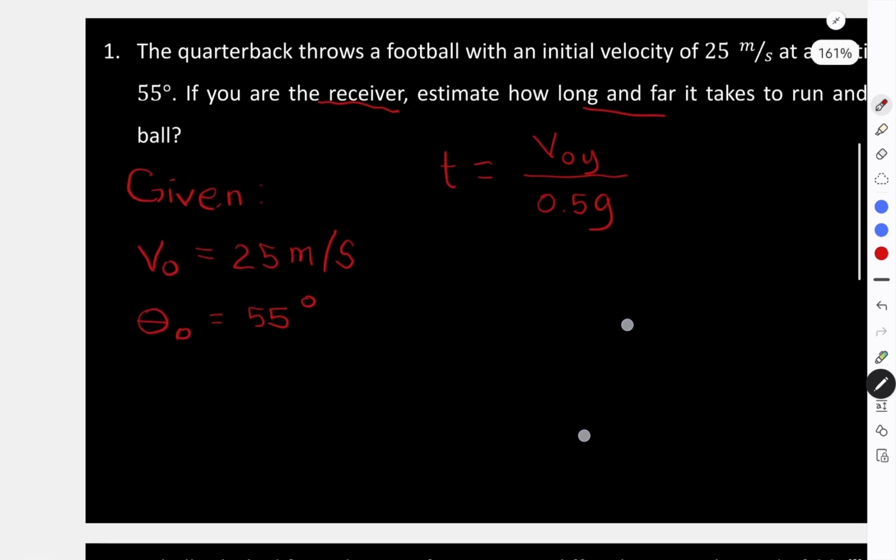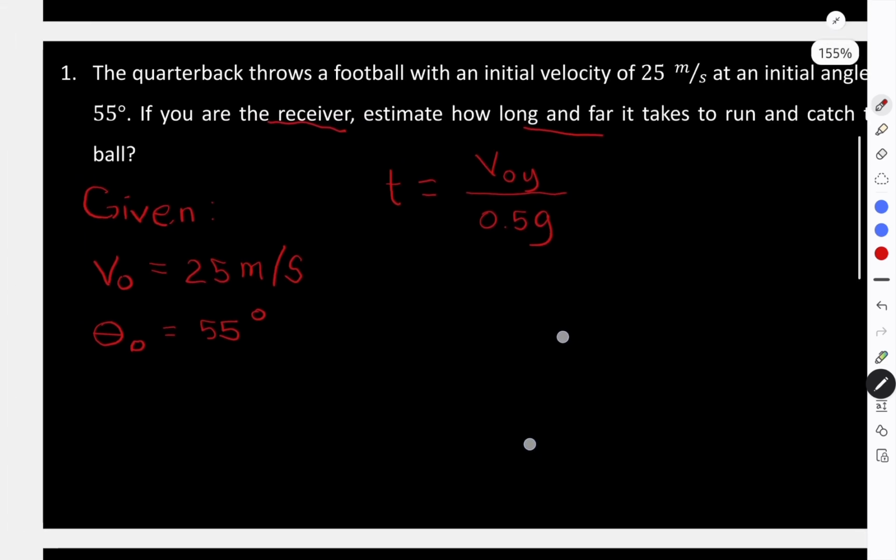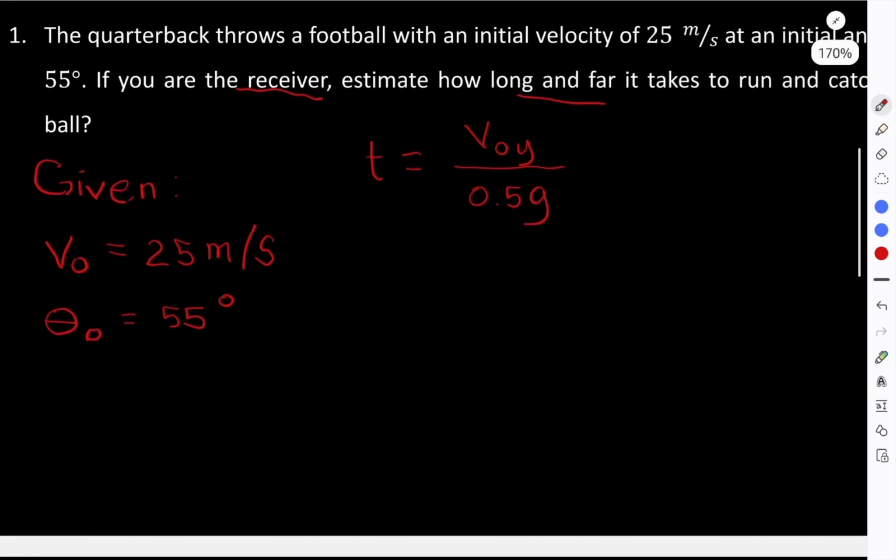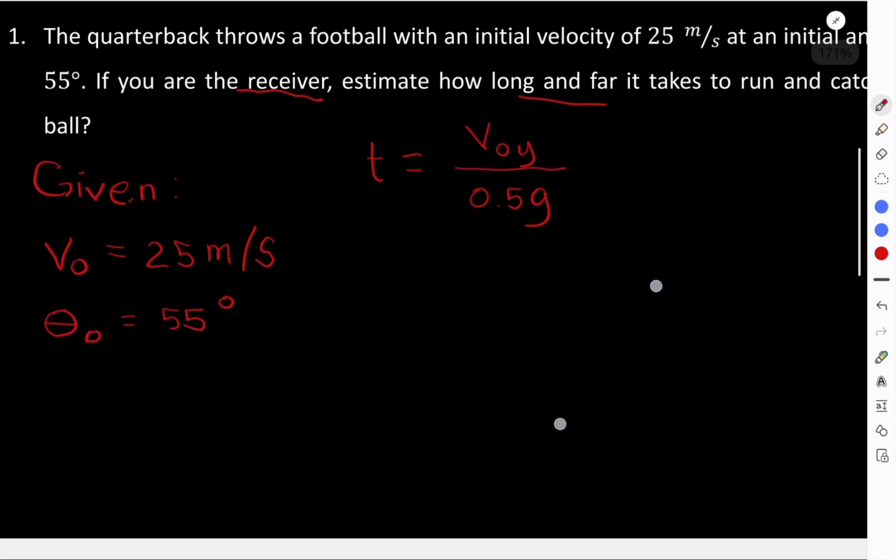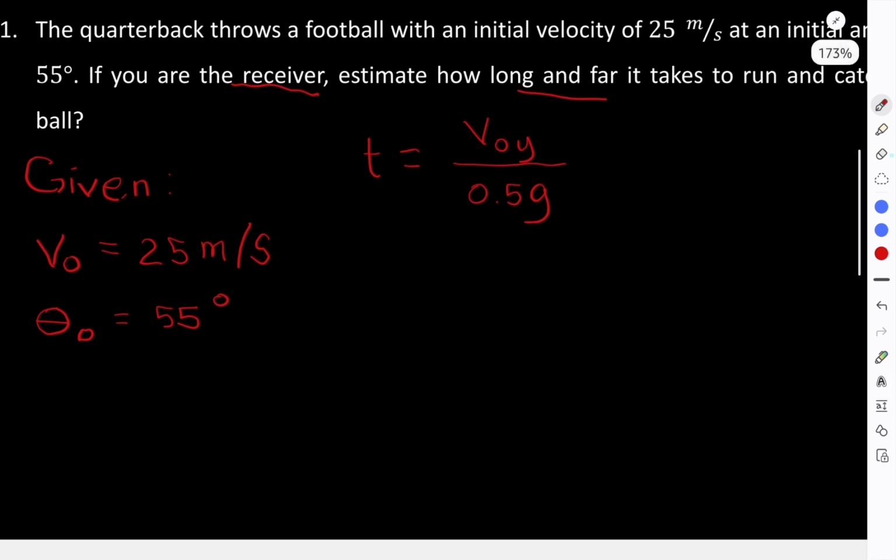But since we don't have our initial velocity in y component, we can just simply change that. It becomes initial velocity multiplied by the sine theta. Okay, so we use that one instead.